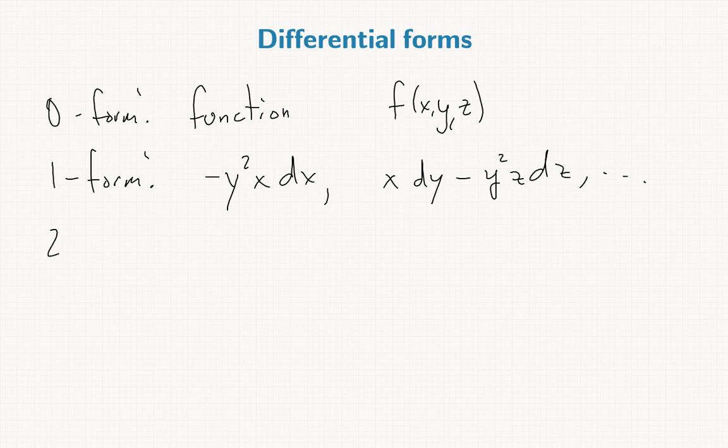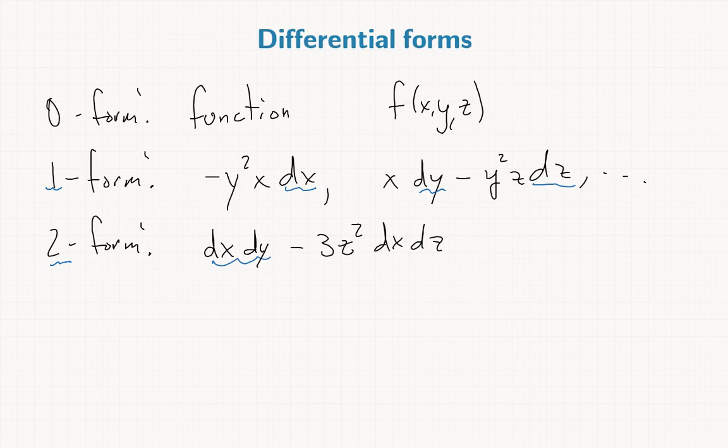A two form could be something like dx dy minus 3z squared dx dz. So the number is just how many d expressions you have. So a two form has two of these multiplied, and then so on.